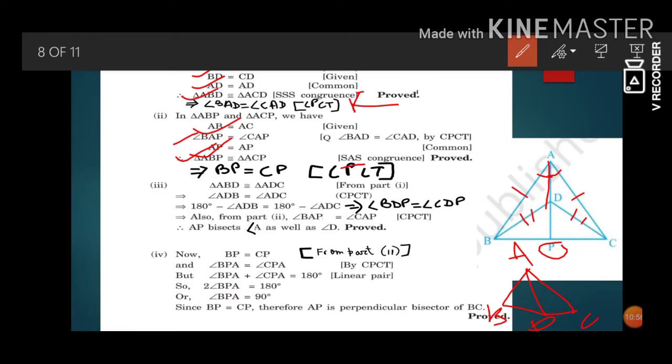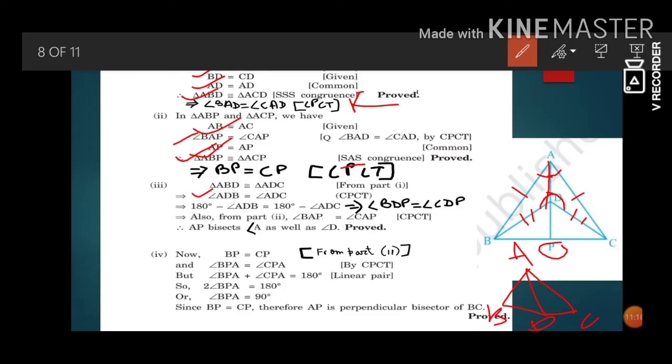Now in triangle ABD and in triangle ADC, we have already shown that they are congruent, which means angle ADB is equal to angle ADC. That is, our angle at D is equal to the angle at the opposite side of D by CPCT.